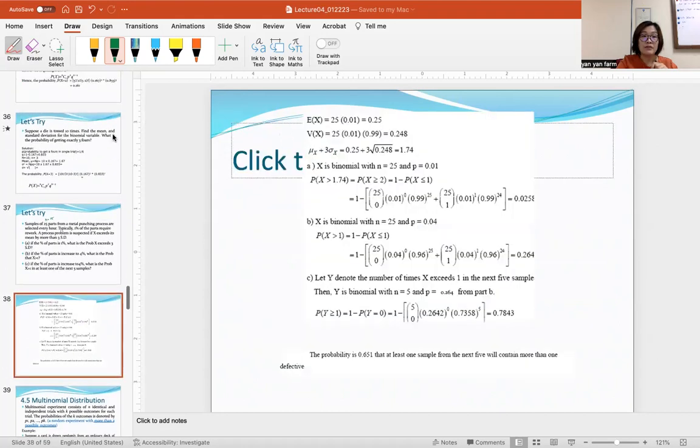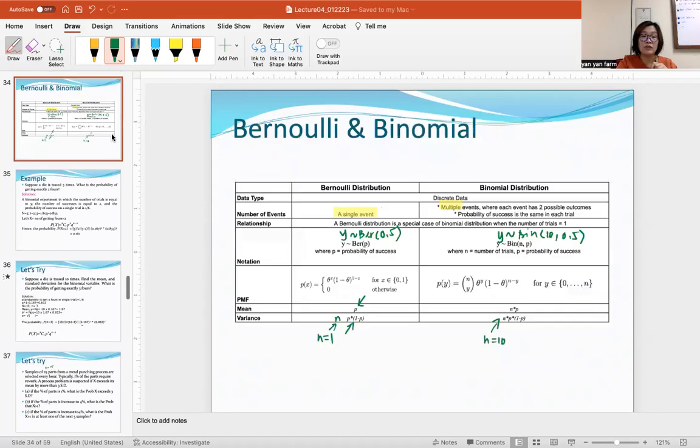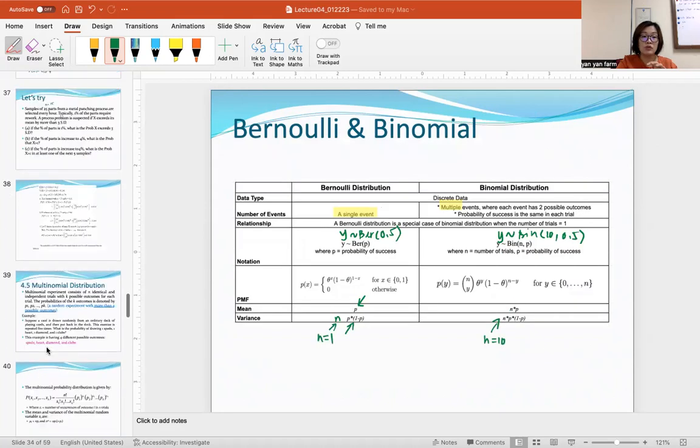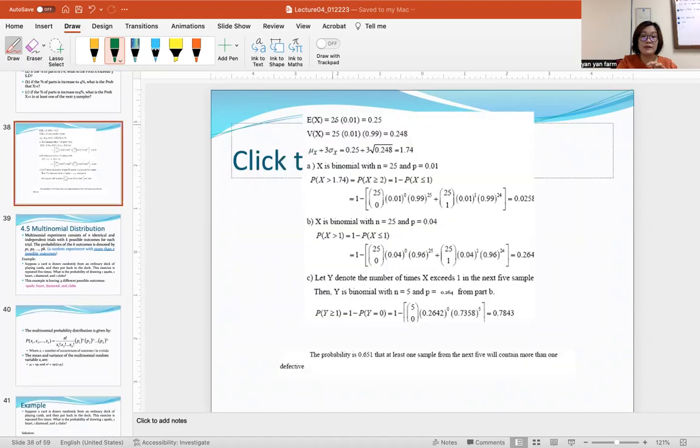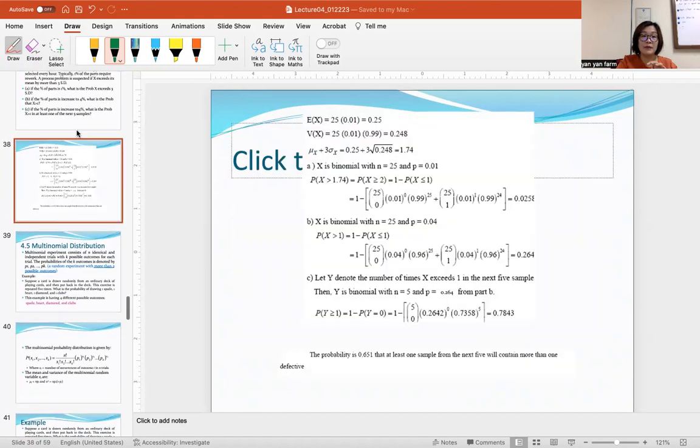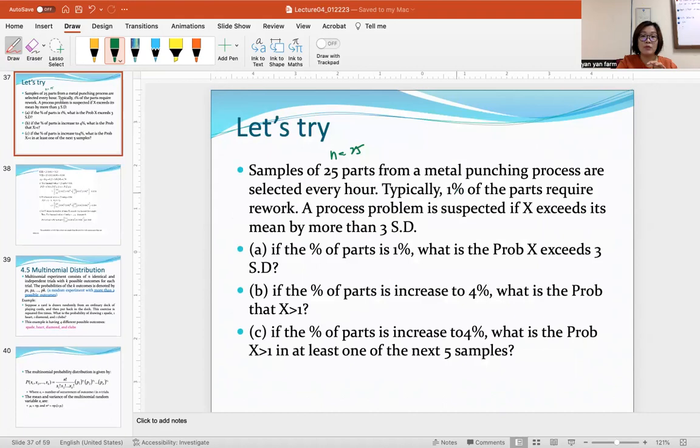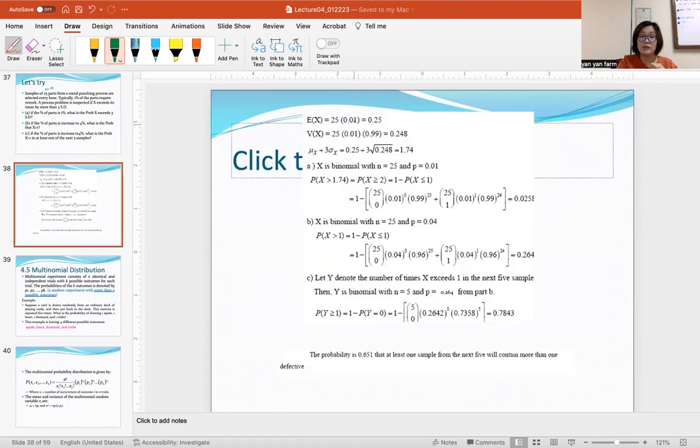Like I mentioned just now, the equation for the mean, the expected value, is np. So it's quite fast. The p is 1% of parts require rework, so your p is 0.01, and your expected value is this.